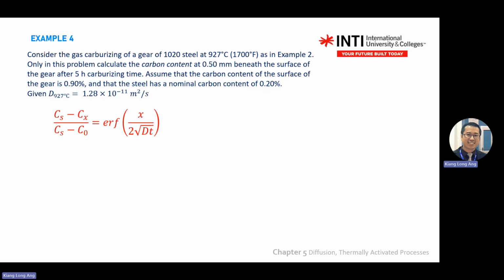So what is the carbon content and the units? Which one is missing? In this equation, which parameter is missing?